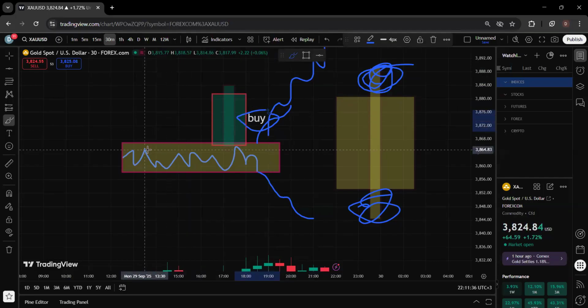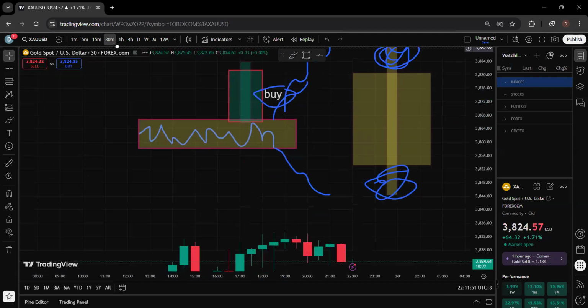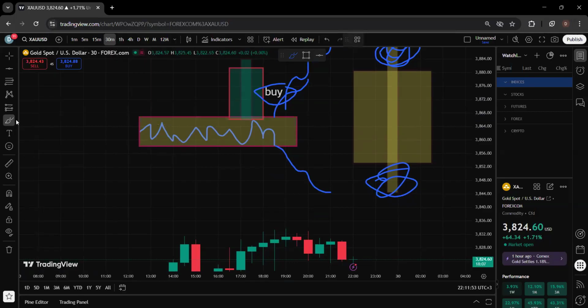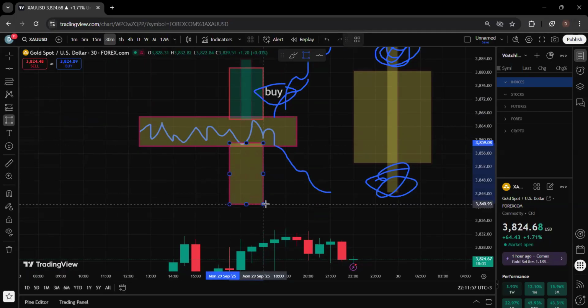Because I said after the consolidation, there must be a breakout on the upper side or on the lower side. So if the candle closes above your region with a body, that's when we enter for a buy. Now, the opposite happens if a candle closes below your region.